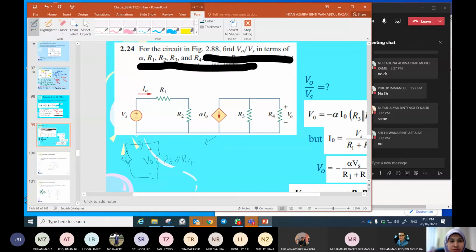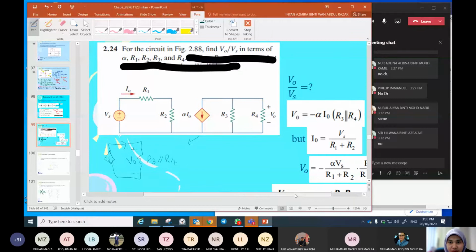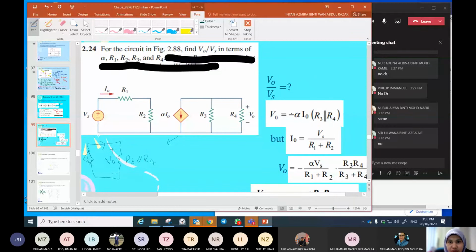But we know that the arrow of this current source is at the opposite direction of this current. So that's why we put minus, okay? Minus. This is I, okay? This is I. It is alpha I naught. This is R. R is R3 parallel with R4. So this is the equation or the term for V naught, okay?